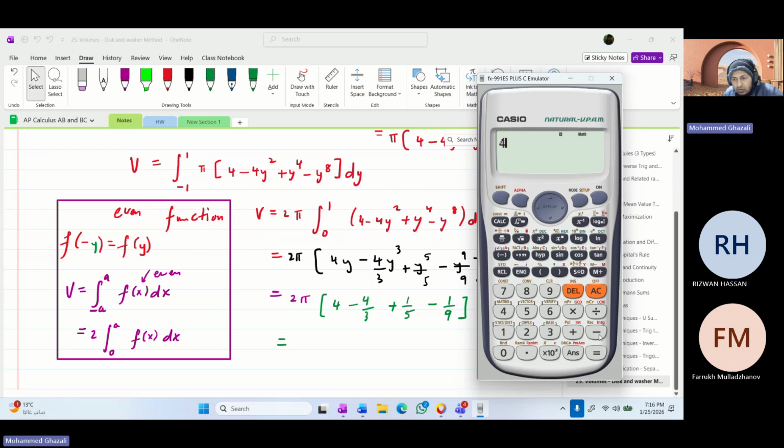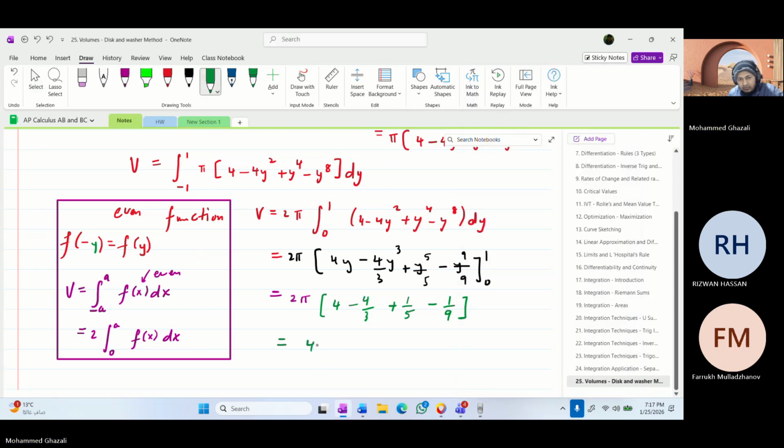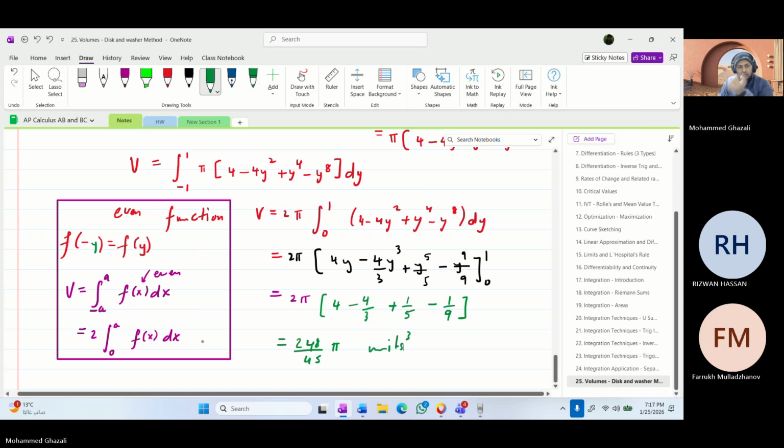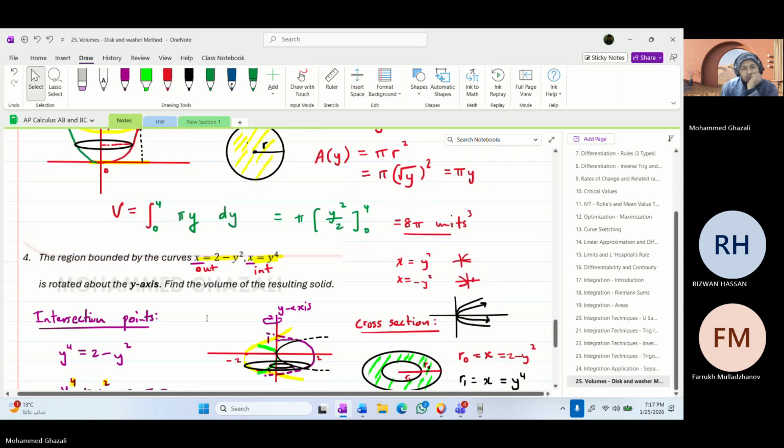Let's see. 4 over 3 plus 1 over 5 minus 1 over 9, press equals: 124 over 45, multiplied by 2, 248 over 45 pi. 248 over 45 pi units cubed. Yes, that's what we have.